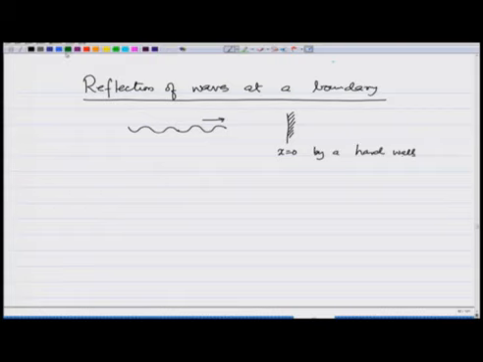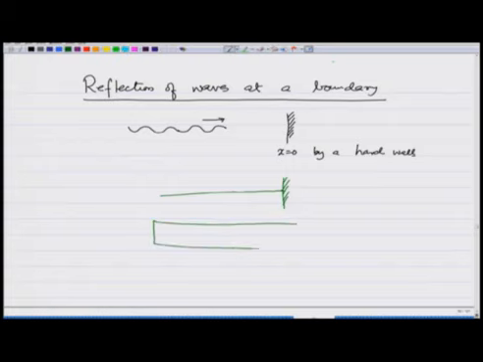It could be a string tied on a wall, or it could be a pipe which is open at this end, so that delta p will be 0 out here.